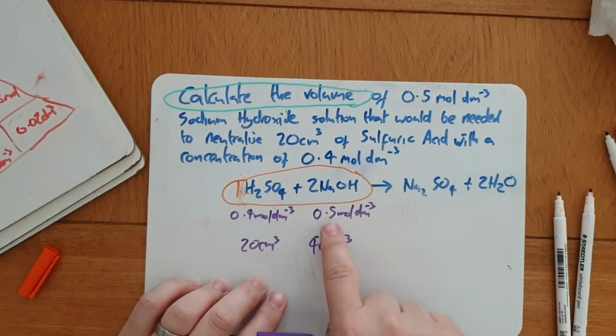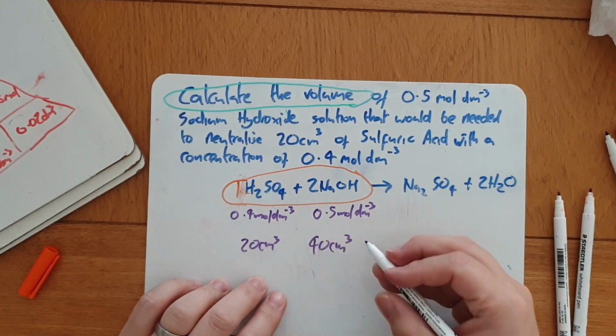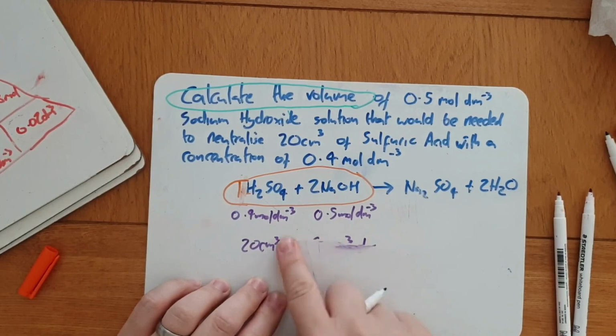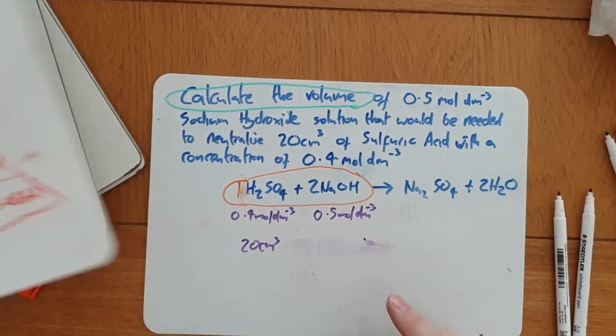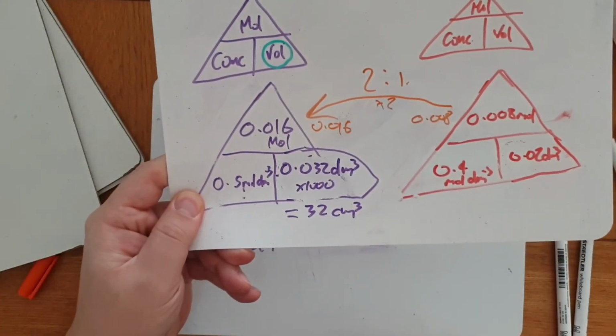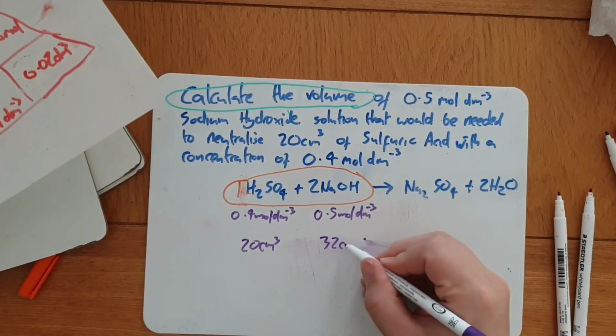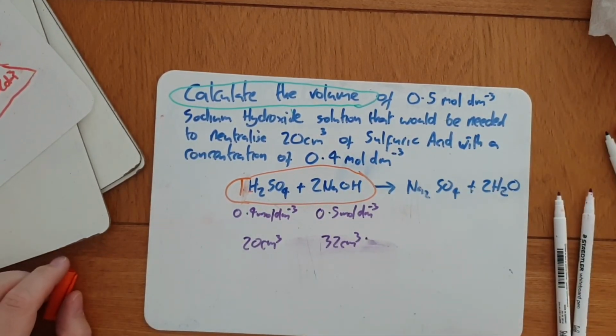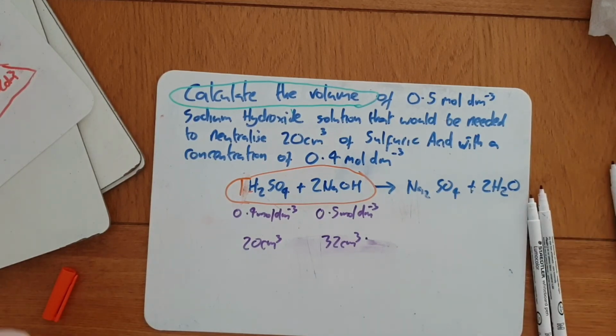But they're not the same strength. This one is slightly stronger, 0.5 compared to 0.4. So we're expecting an answer that is roughly 40, but slightly less. And our answer, when we worked it out, was 32 centimeters cubed. So that fits, just checking that we're in the right area. Hopefully that helps.